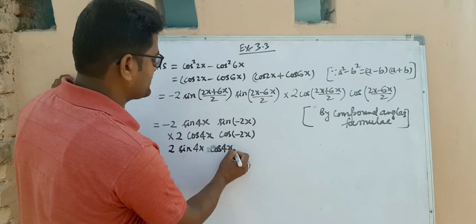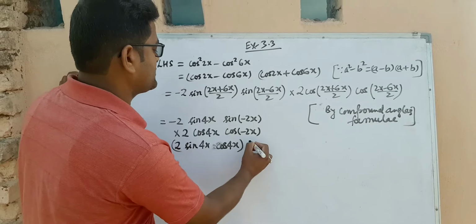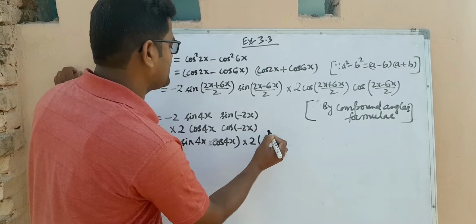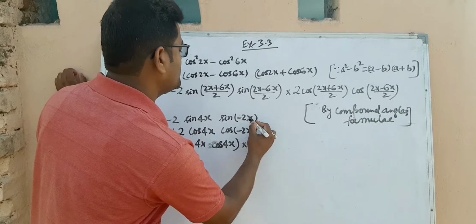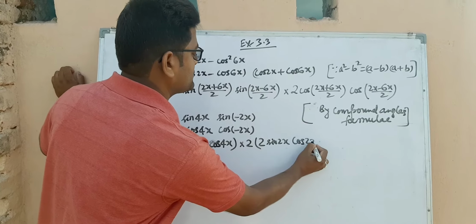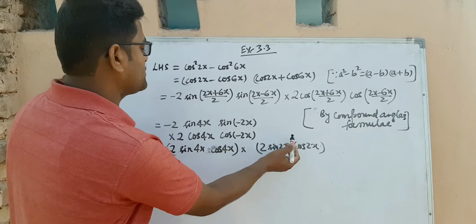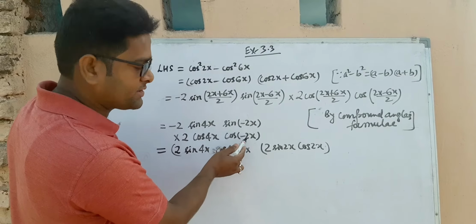Cos 4x, I have brought them together. 2 sin 4x into cos 4x. Again, with this 2 sin 2x paired with cos 2x. So now you can see 2 sin 2x into cos 2x.